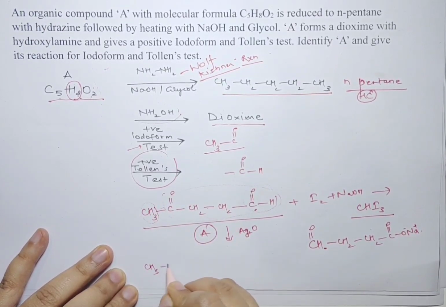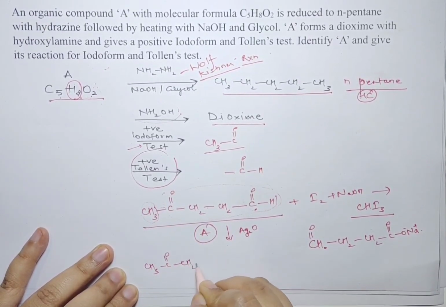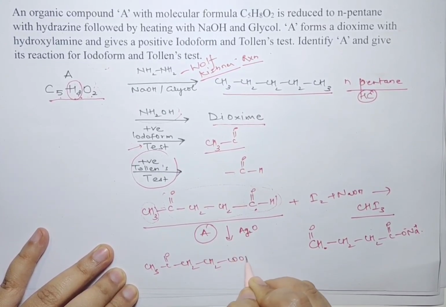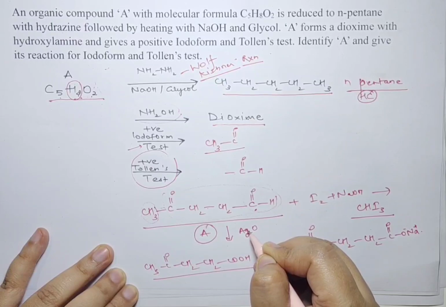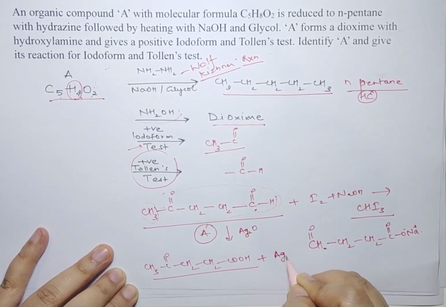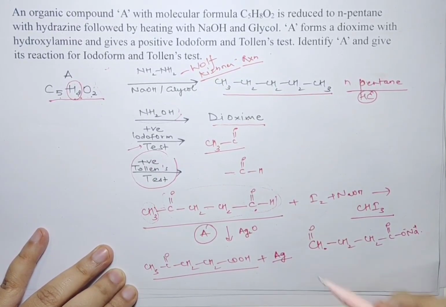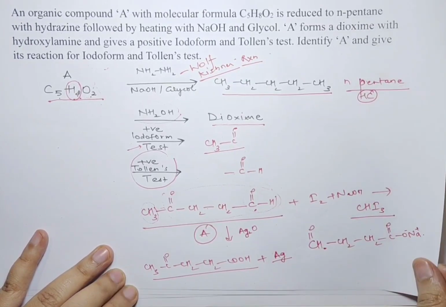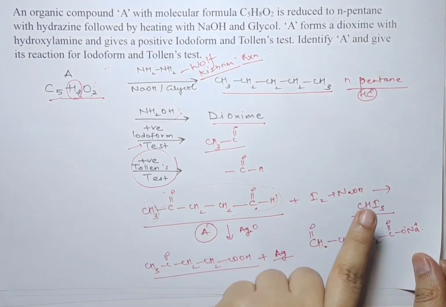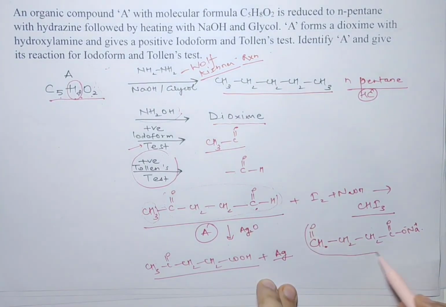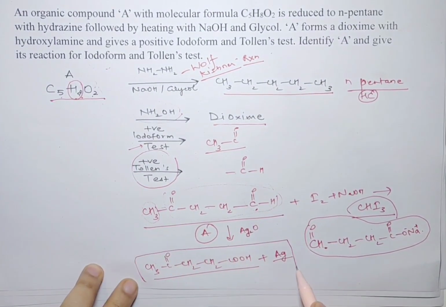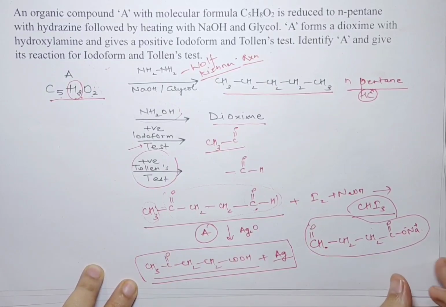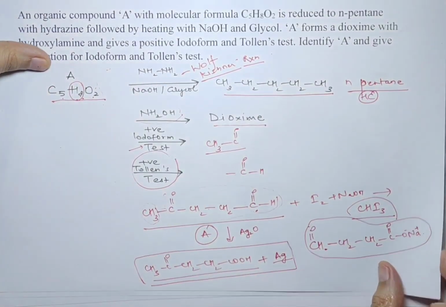So you would get this, and silver from +1 oxidation state will get reduced to metallic silver. Okay, so these are your reactions with Tollens reagent and with iodoform. This one is your product with iodoform, this one and this one, and this one would be your product with Tollens reagent. Okay, so let's move on.